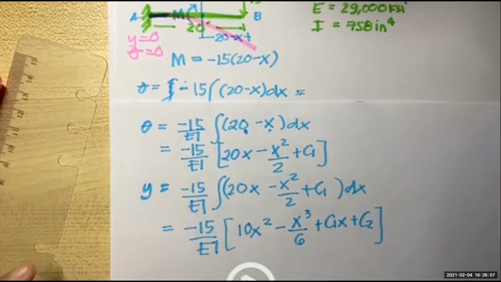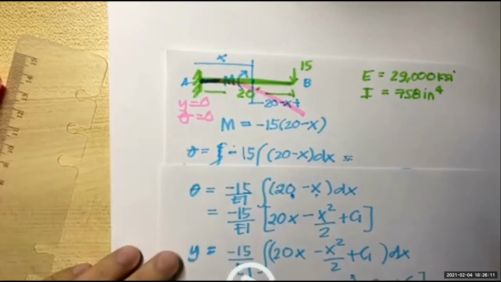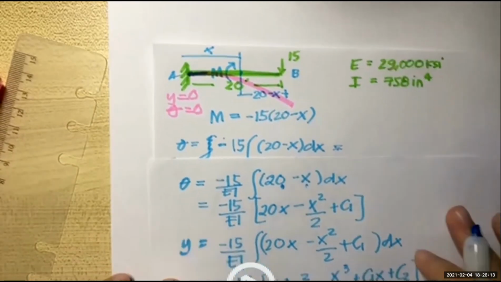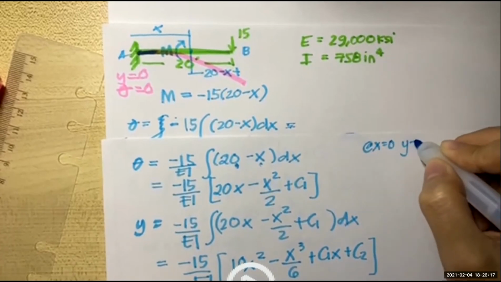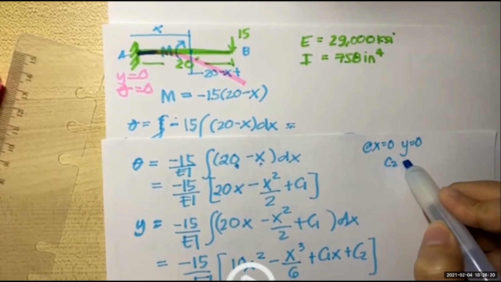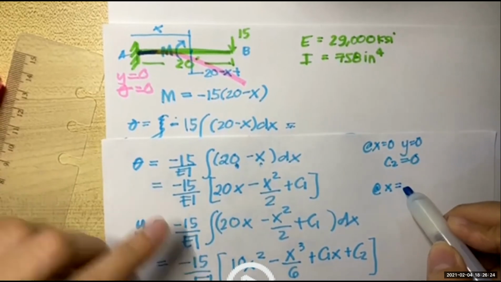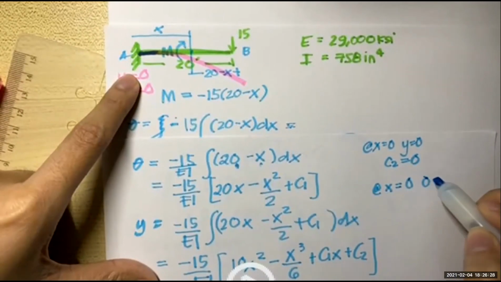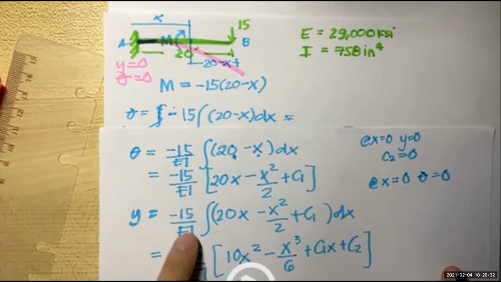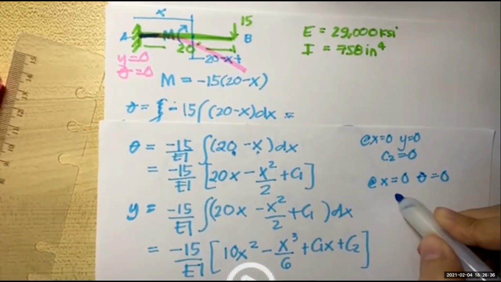Then the boundary conditions are the same. I placed the fixed end at the right side. At x equal to 0, y is equal to 0. You get C2 is equal to 0. Now, at x equal to 0 again, theta is equal to 0. The value of C1 is also equal to 0.